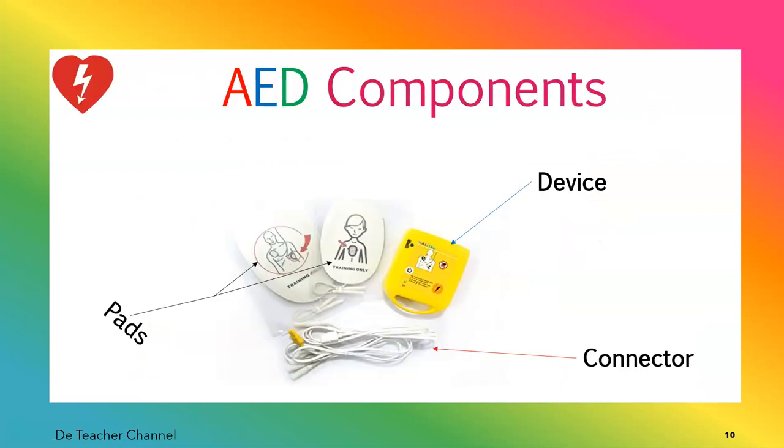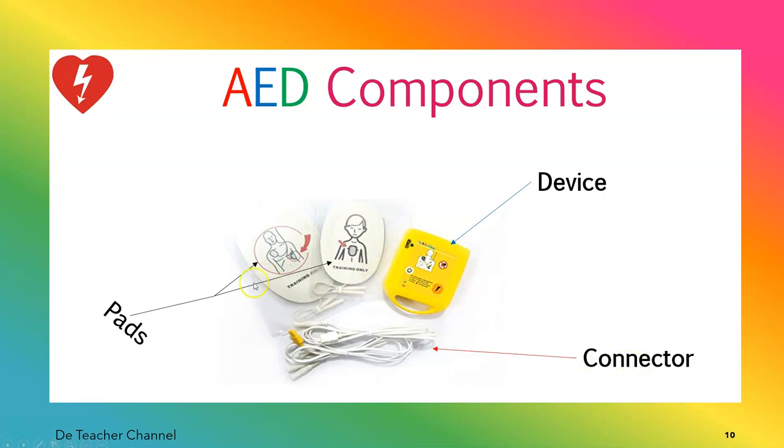So AED components. AEDs can come in different forms, shapes, from different manufacturers, different makes, models, and all that, okay? But there are three basic components of AED: the device itself, the pads, and the connector.